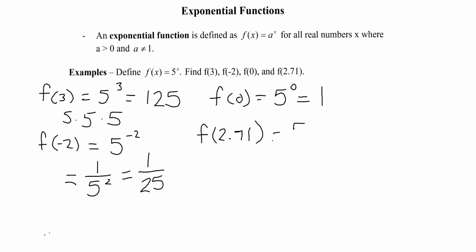So we'll do 5 to the 2.71 power, and this is one definitely where you want to use a calculator to evaluate it. I'm going to round my answer to the nearest tenths, so my answer is 78.38.